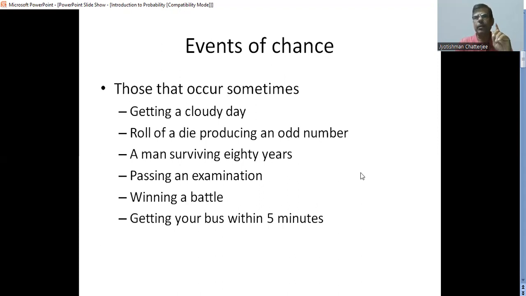So it depends on the particular person and the particular exam that we are talking about to decide whether that particular person has passed that particular examination. So is winning a battle. One may either win or lose, or getting a bus within 5 minutes. Say you are waiting at the bus stop for your bus. You might get the bus within the next 5 minutes, or you might not.